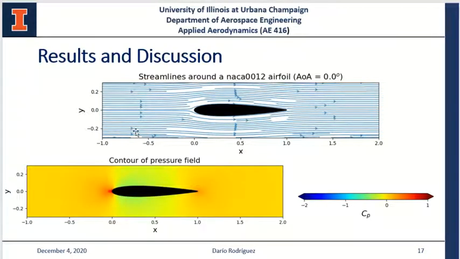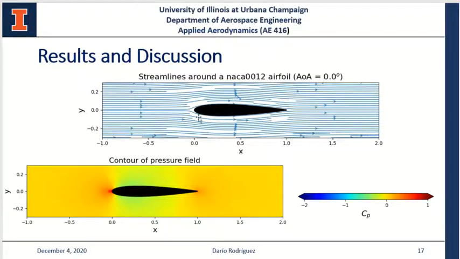I also computed the streamlines and the pressure contours of the airfoil, because as we get the source strengths and also the vortex strengths, we are able to model the flow field by deriving the phi function, the flow field function, with respect to x and to y.